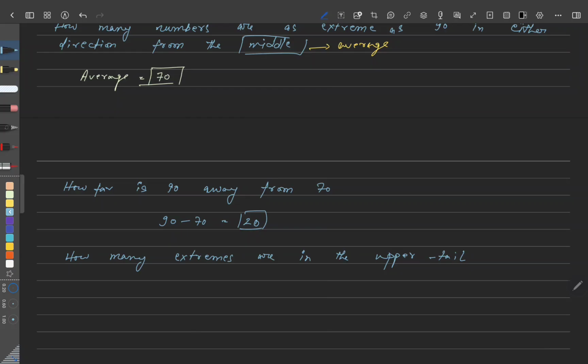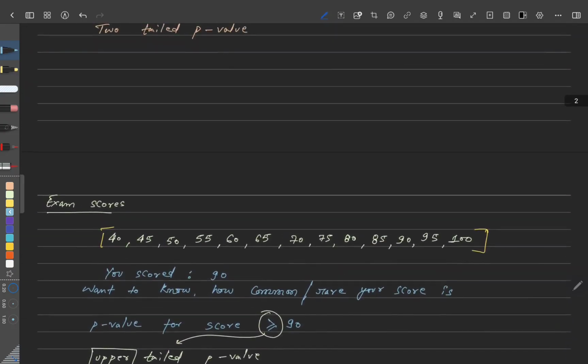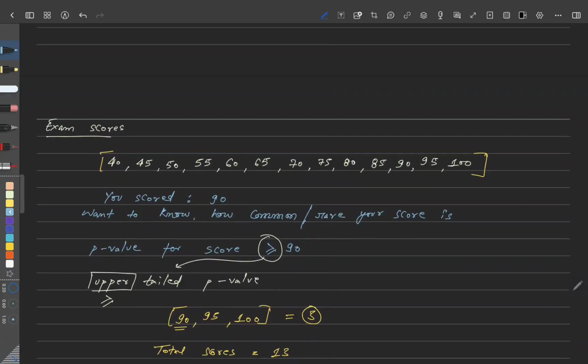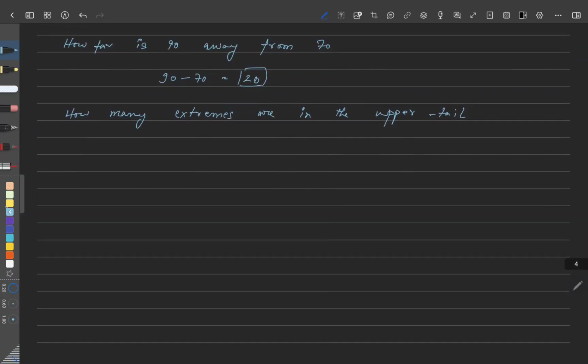If we look at the data set, we have 95 and 100. So 90, 95 and 100 basically, which gives us three extremes: 90, 95, 100. So three extremes in the upper tail.